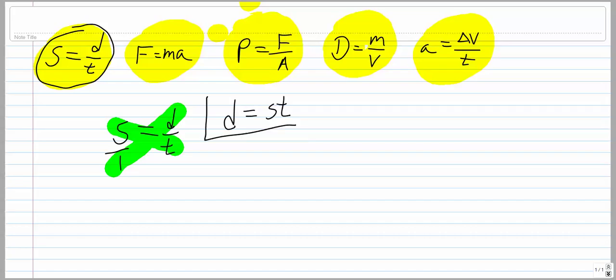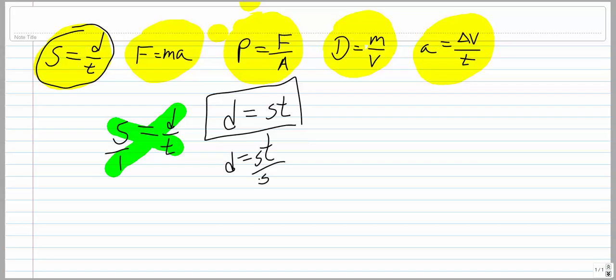So that right there is one equation that might be helpful. If I gave you speed and time, then you could find distance. But what if I asked you for time? What if I wanted t by itself? Well, if I start with this equation, d equals s times t, and I want the t by itself, I notice it's multiplied by s. How do you get rid of a multiplied s? Or in other words, how do you undo a multiplied s?